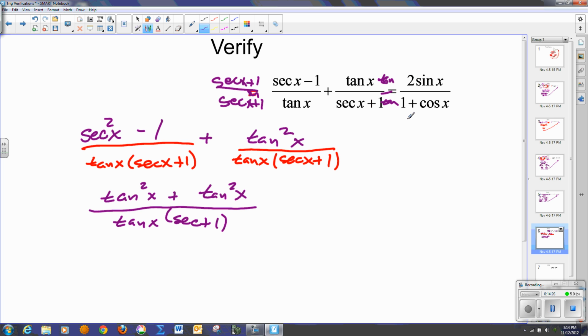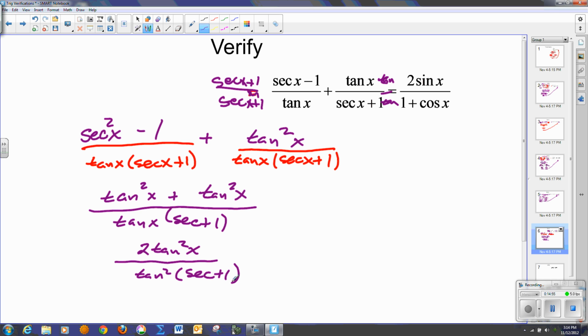And I still am not quite sure how I'm going to get to all these sines and cosines. Probably in the end I'm going to switch everything to sines and cosines. So right now, when I add this together, I have 2 tan squared of x. That's a bonus because I have a 2 in my problem now. Over tan of x times secant of x plus 1.